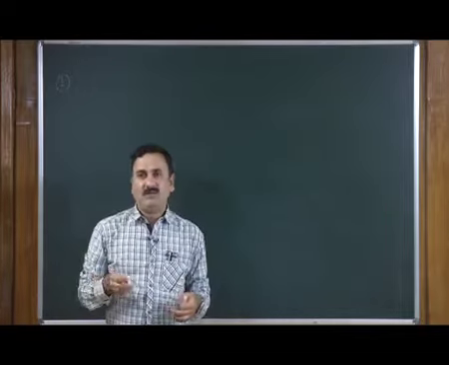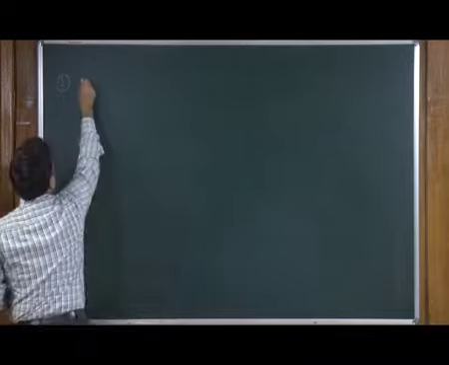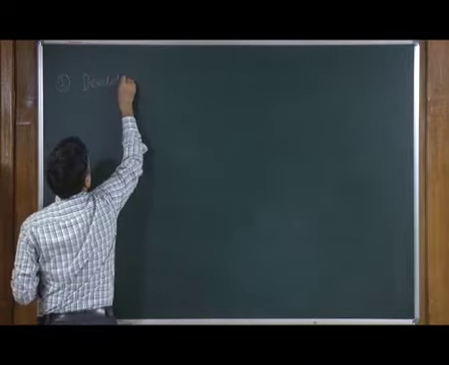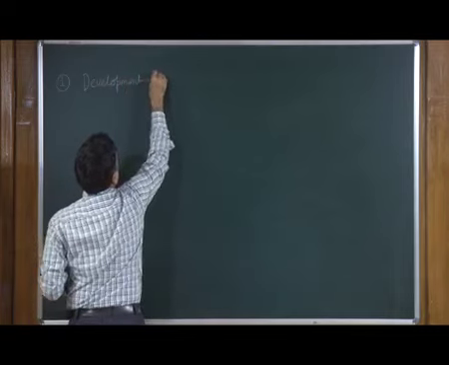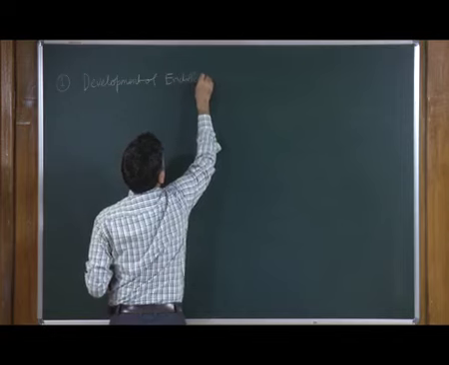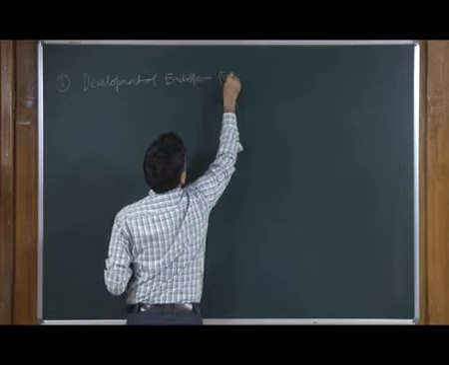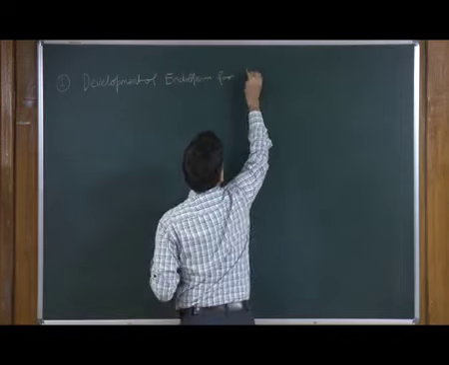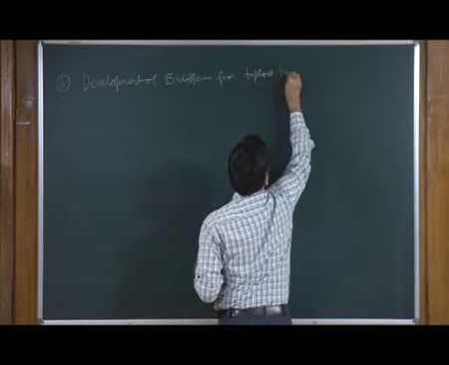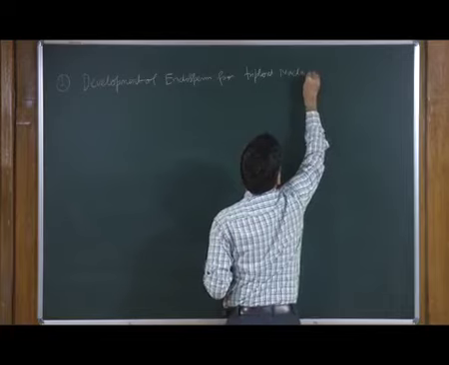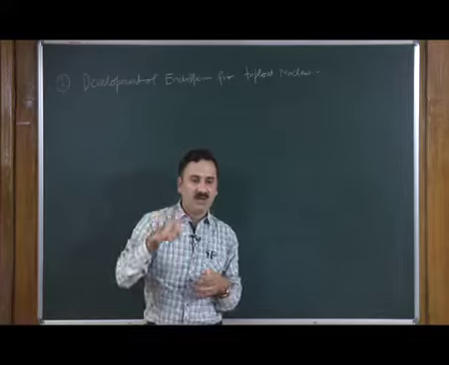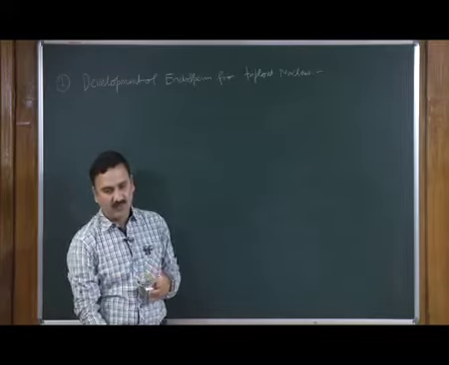First, there is development of the endosperm from the triploid nucleus, which is formed after the fusion of the first male gamete with the polar nuclei.